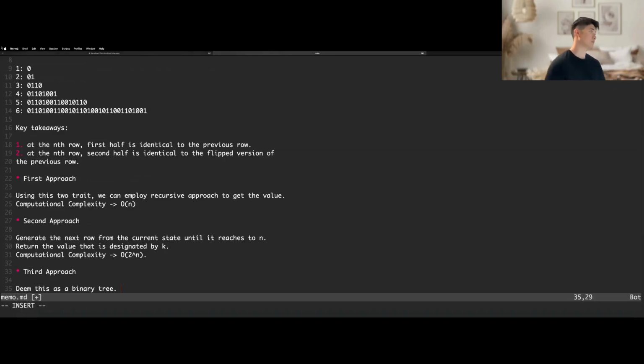Okay, so 0 has children 0 and 1, and this 1 has children of 1 and 0, and it goes on like that. Okay, that makes sense.